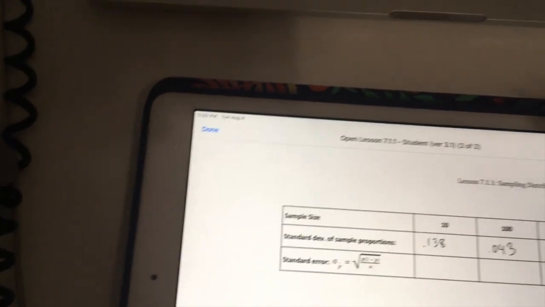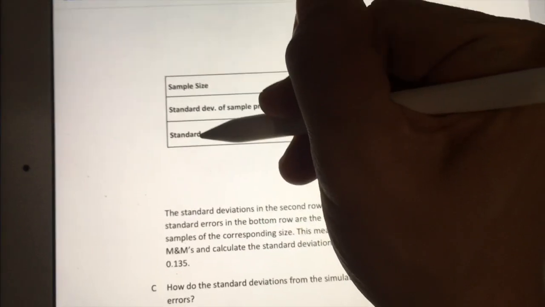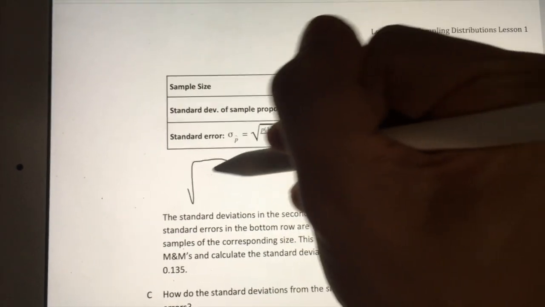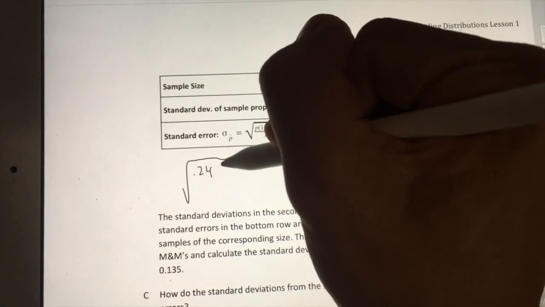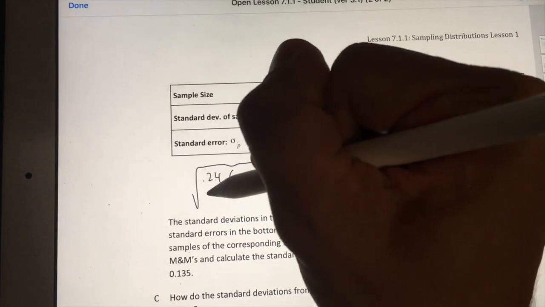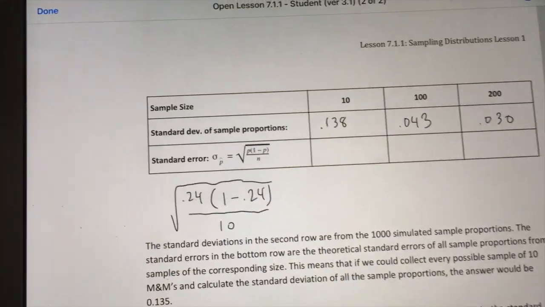So remember, the standard error is the square root of p times 1 minus p, divided by n.